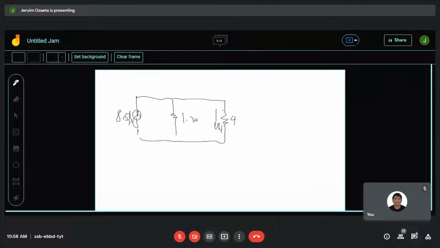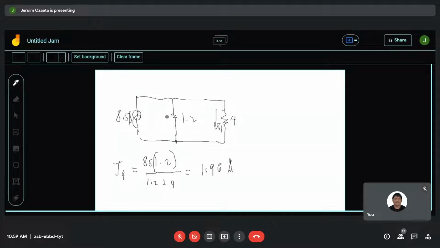8.5 amperes, 1.2. Okay, so I sub 4 equals 1.2, 8.5 times 1.2 over 1.2 plus 4 equals, ganyan, 8.5 times 1.2 divided by 5.2, 1.96 ampere.